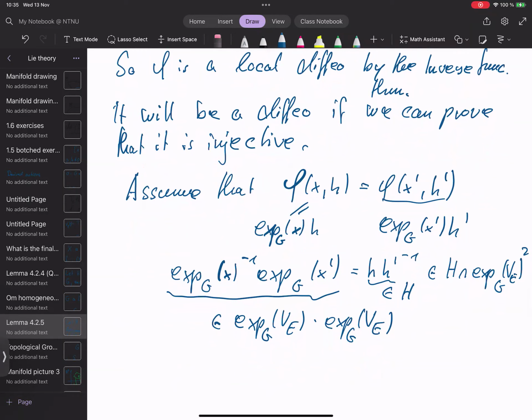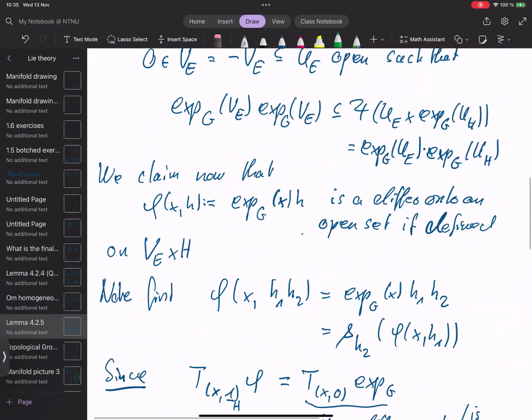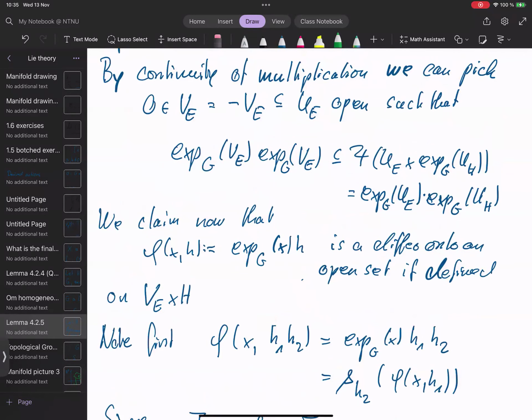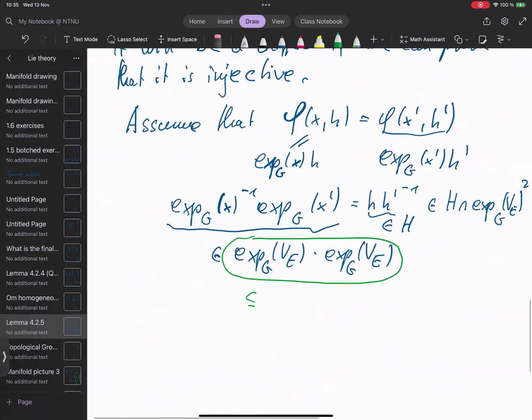Let's recap. What was this product contained in? We had a condition on the product. We said we wanted to choose them such that the product is contained in the set exp of UE times exp of UH.